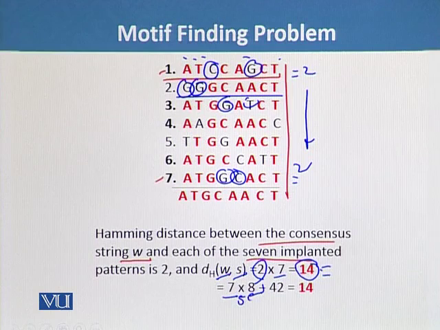It comes out to be 56, and we have to subtract all these red ones. These red are 42 in number, and if we subtract 42 from 56, again the answer will be 14. So we have proved that the median string problem and the motif finding problem, although they are very different in nature, are computationally equal.